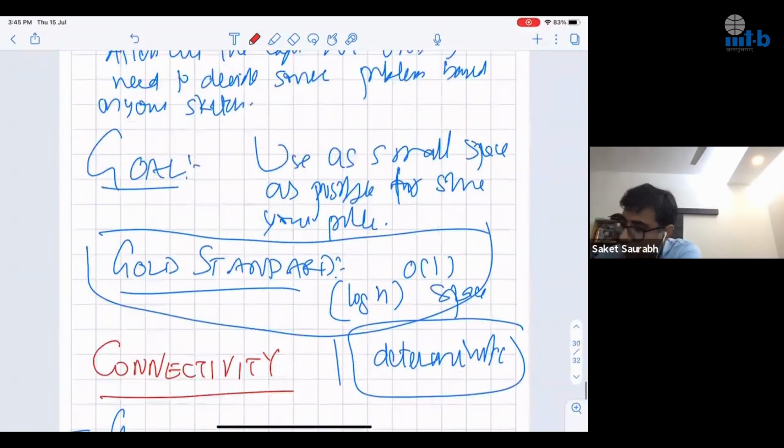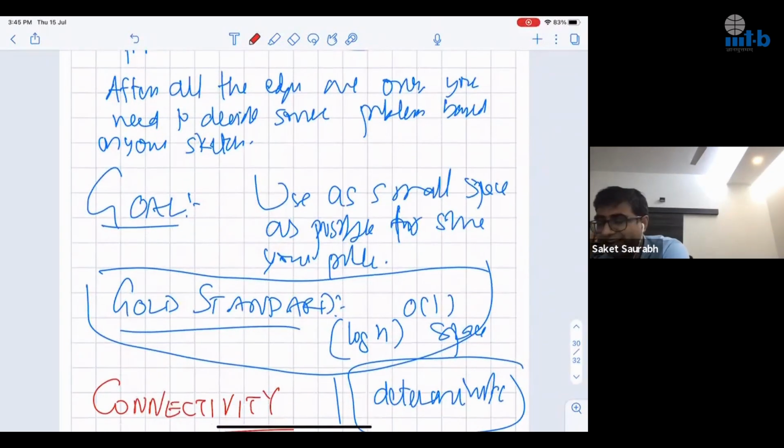This is a gold standard, but most graph problems cannot meet this gold standard. You can show a lower bound that you need at least omega n squared space. So then what is the point? People ask, but still, a graph can have n square edges, so if you're able to do something in n polylog n edges, it's great for us.